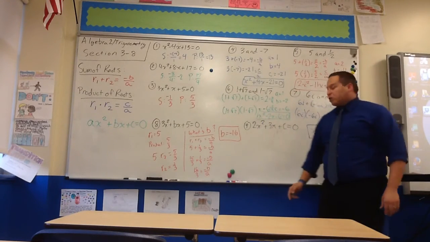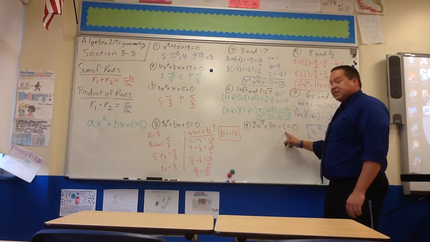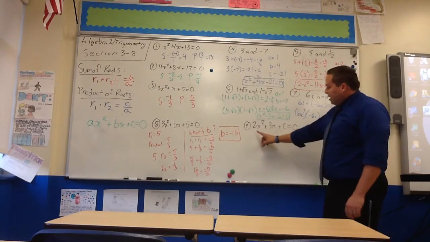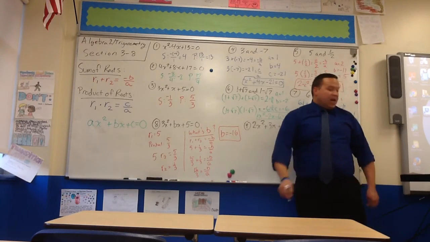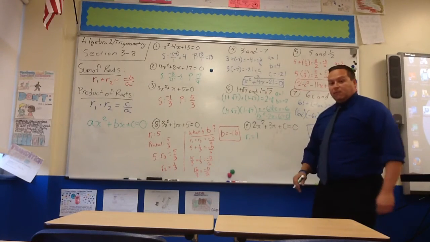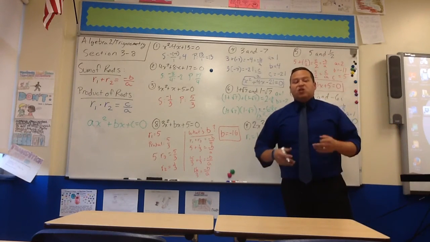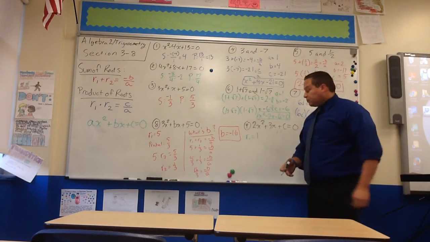Now let's reverse this. Instead of trying to find the b term, let's try to find the c term. So here I have this equation, 2x squared plus 3x plus c equals 0. And I'm going to tell you now, one of the roots of this equation is 1. Yes, you need to have at least one of these roots to figure out this kind of a question.